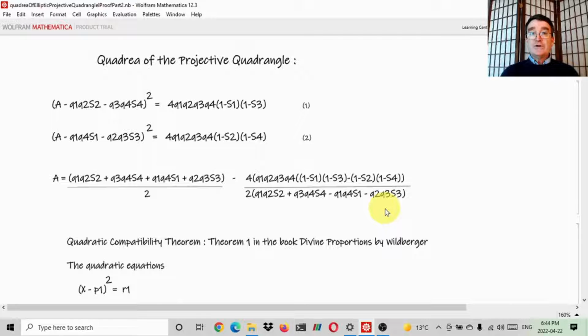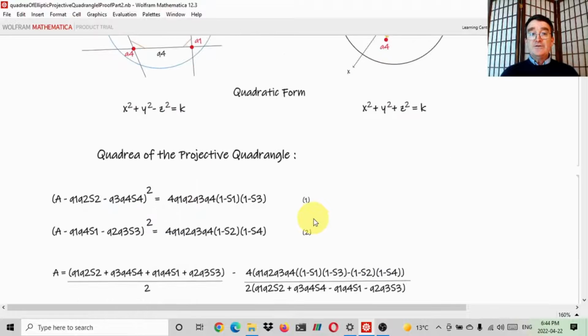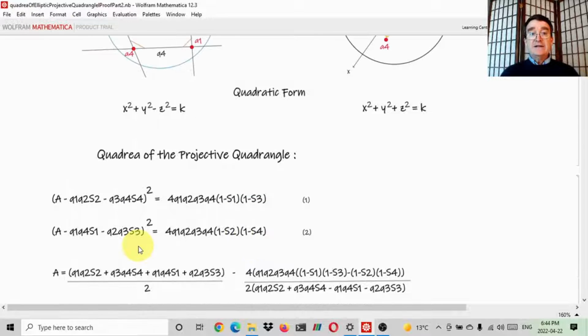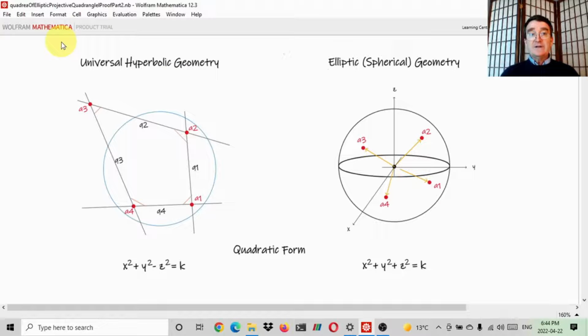Okay, so what we're going to do in this video is substitute our expression. Oh, and I'd like to remind you that the quadria of the projective quadrangle is given by these two quadratic equations that are compatible, and the same equations can be used in universal hyperbolic geometry as well as elliptic or spherical geometry.